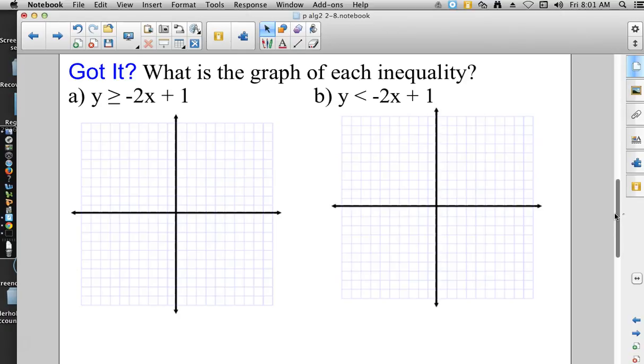I want you to pretend you're grading their paper. You're going to check for dashed versus solid and shading on the correct side. Basically shading the correct side.